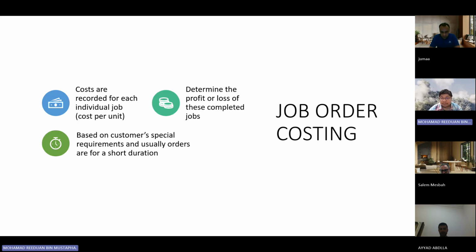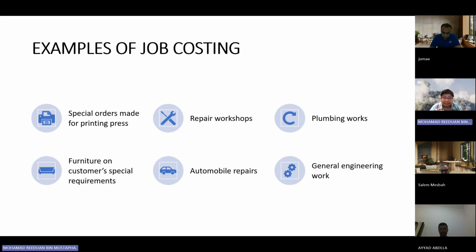Let's look at an example of job costing. For example, a special order for printing.